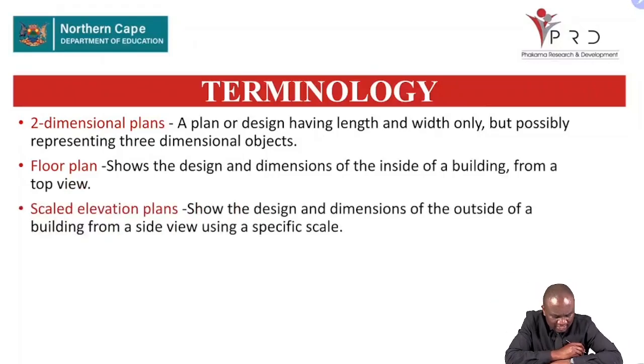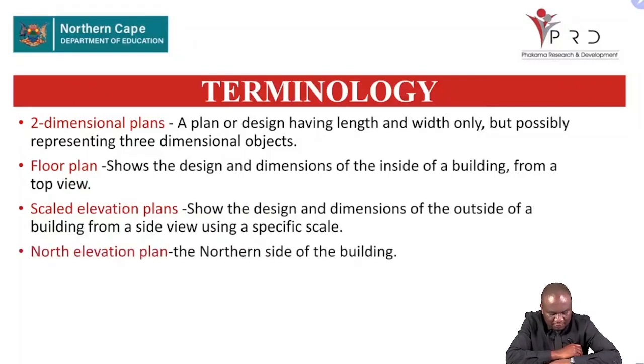And then scaled elevation plans show the design and dimensions of the outside of the building from a side view using a specific scale. We're going to talk about these elevations, like the north elevation, south elevation, east elevation, west elevation. Right. North elevation, the northern side of the building. Please, I want you to take note of this.